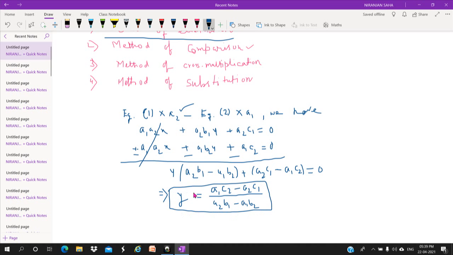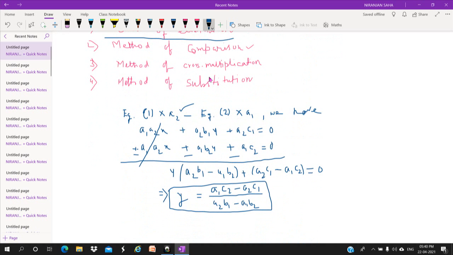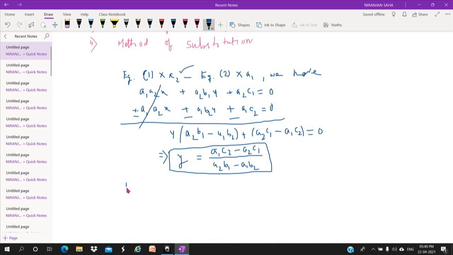So we need the value of the other variable x. We can use equation 1 or equation 2, any equation, to evaluate x.